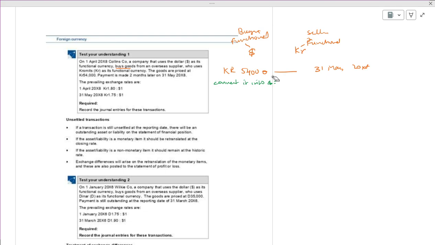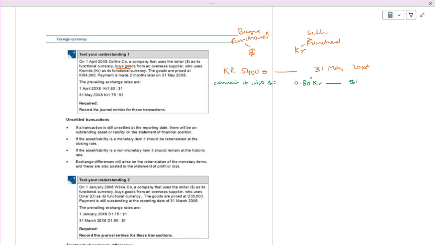Okay, fine, no problem. I will do it. See, 0.80 KR is equal to $1.